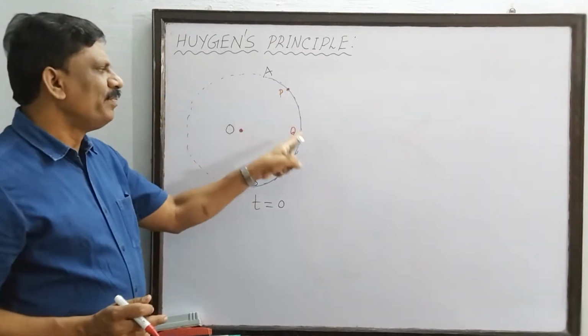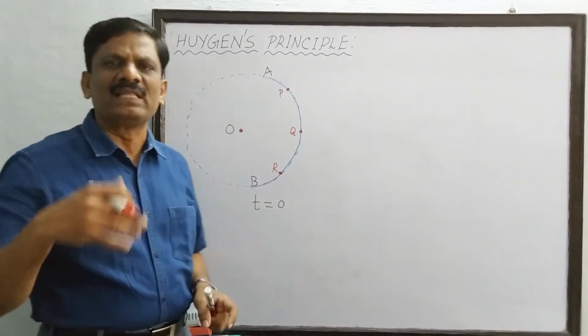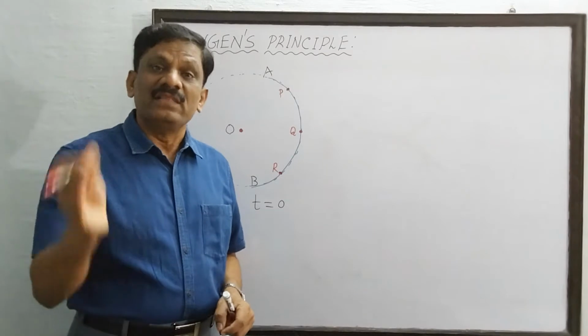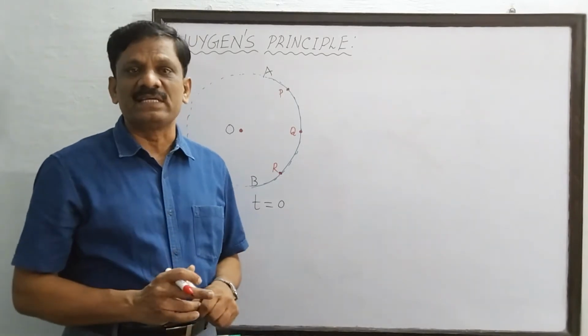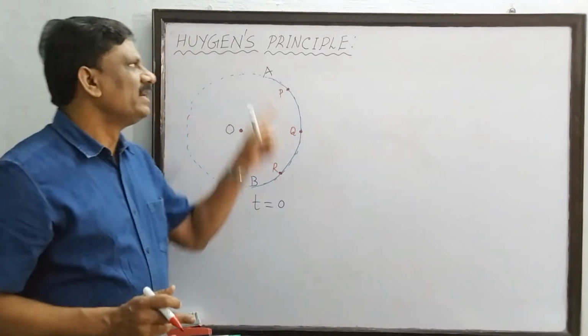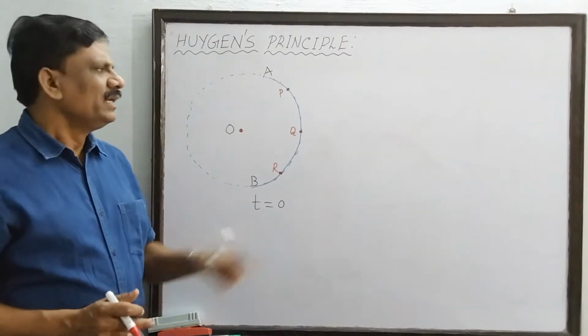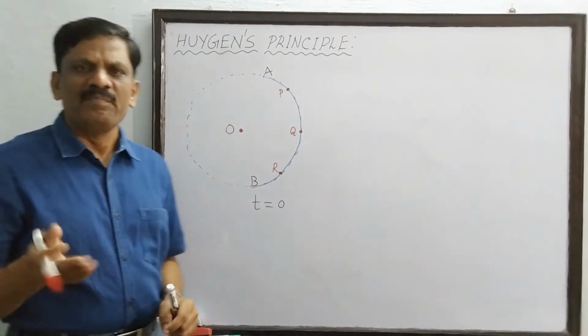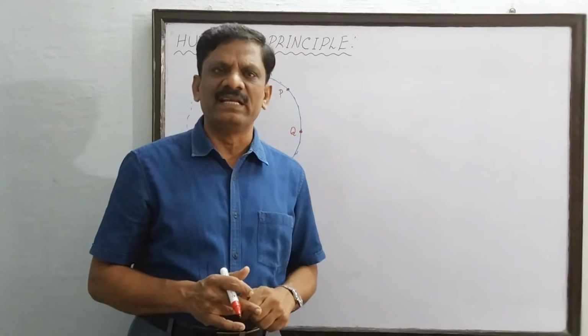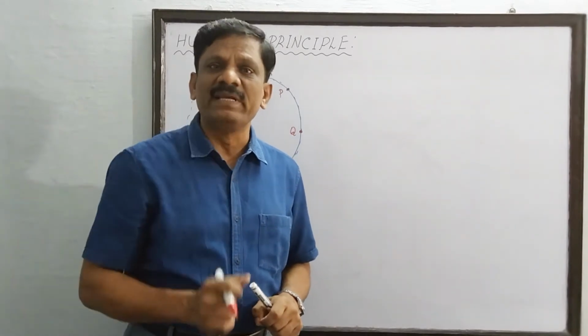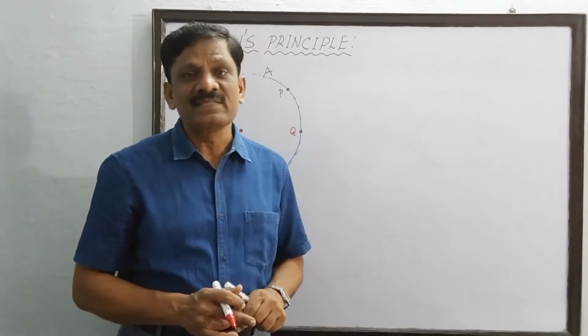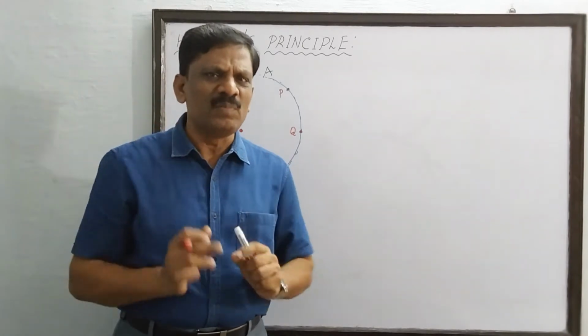If P, Q, R, which are other points on the given wavefront, also act like point sources at finite distance, they should also emit spherical wavefronts, yes or no? But their shape will be smaller.